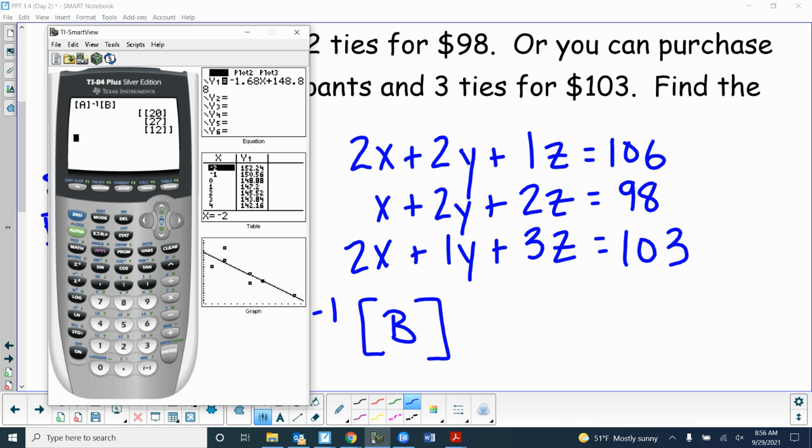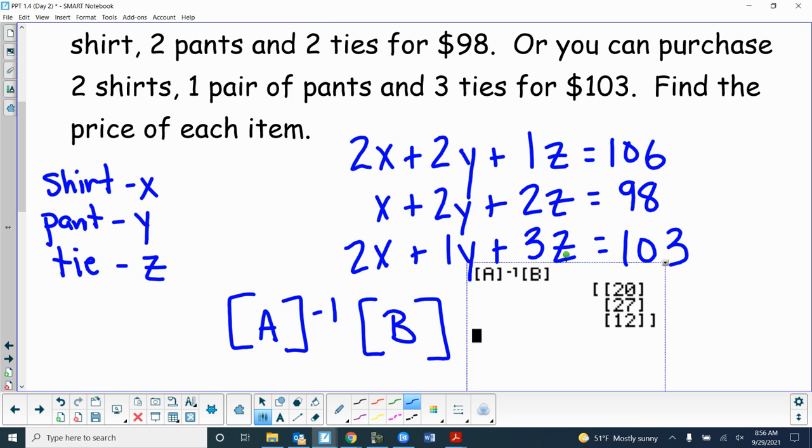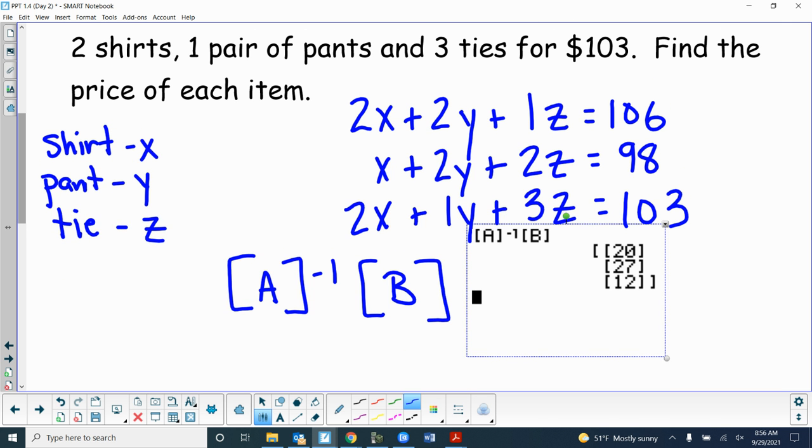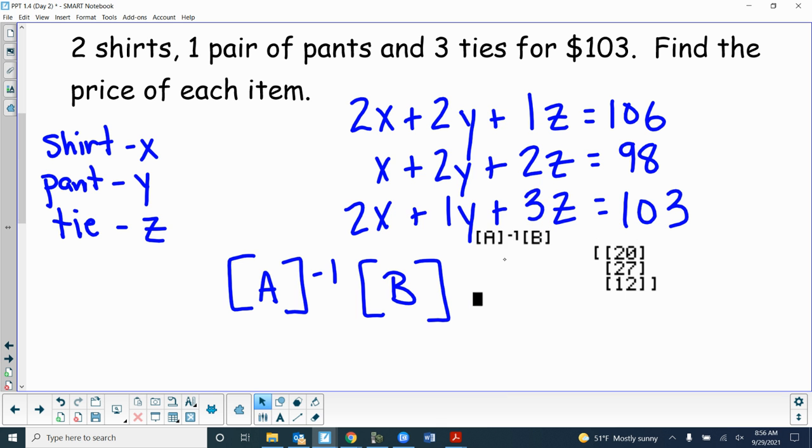So $20 for a shirt, $27 for pant, and $12 for tie. Okay? My calculator had, when I tried plugging it in, it had an error. When you tried to go A inverse B? Yeah. Okay.